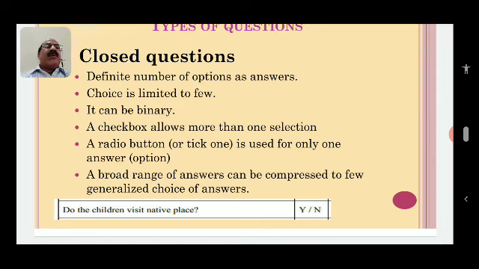Say 20 to 30, 40 to 50, like that. So you have different boxes, that is range based, that's also boxes. Then radio buttons. Radio buttons means only one out of those mentioned will be acceptable, not many.